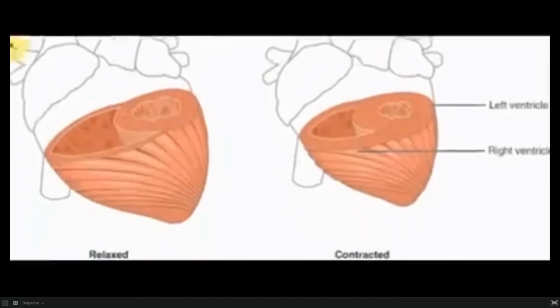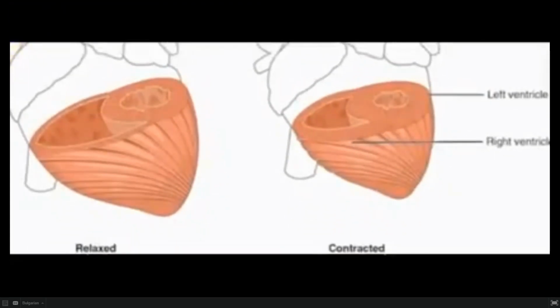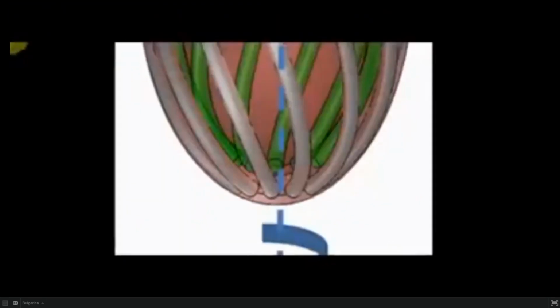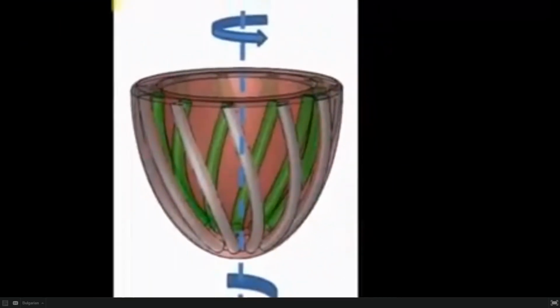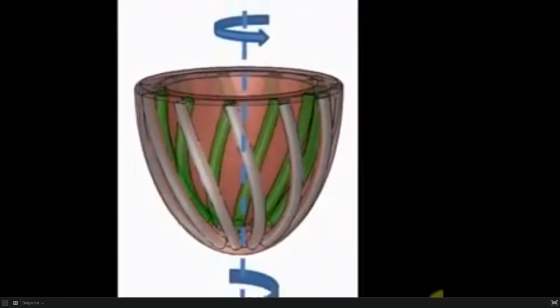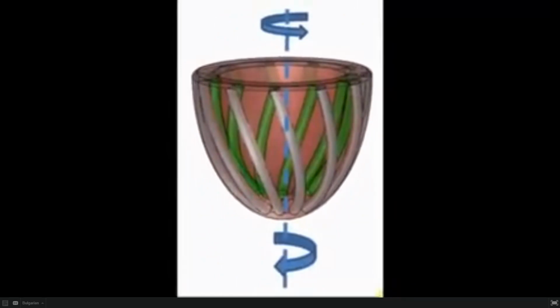Okay. Then picture 17 gives you a more technical view of the chambers and the direction of the myofibers, and shows how they spin. The top spins clockwise and the bottom spins counterclockwise. It is exactly making the infinity model.